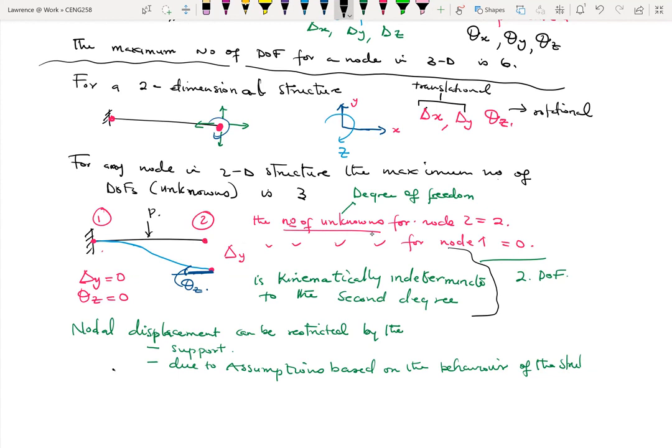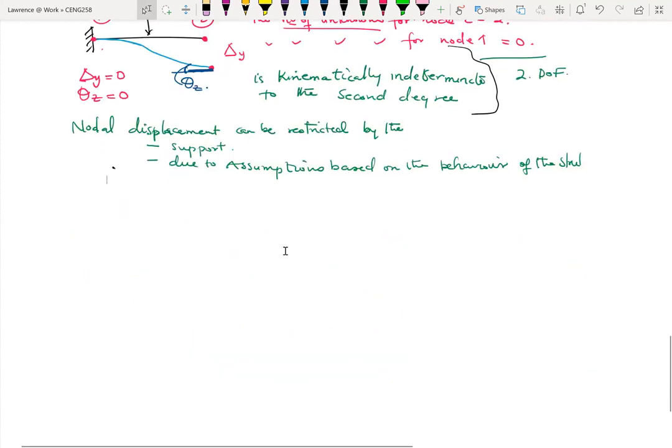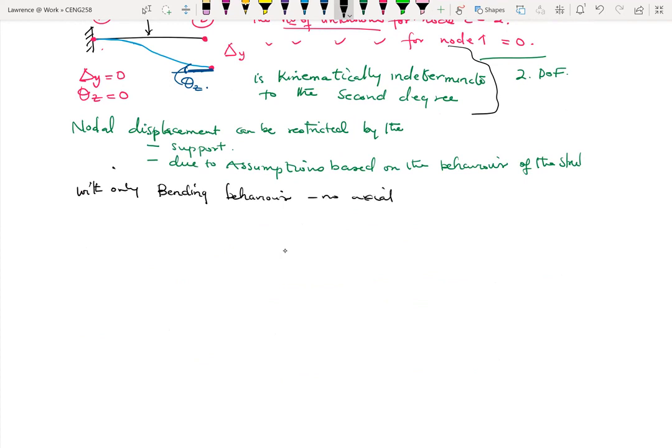So we can assume that for most beams we are only looking at bending behavior. With only bending behavior, there will be no axial motion, which means that technically we're not concerned about delta x.